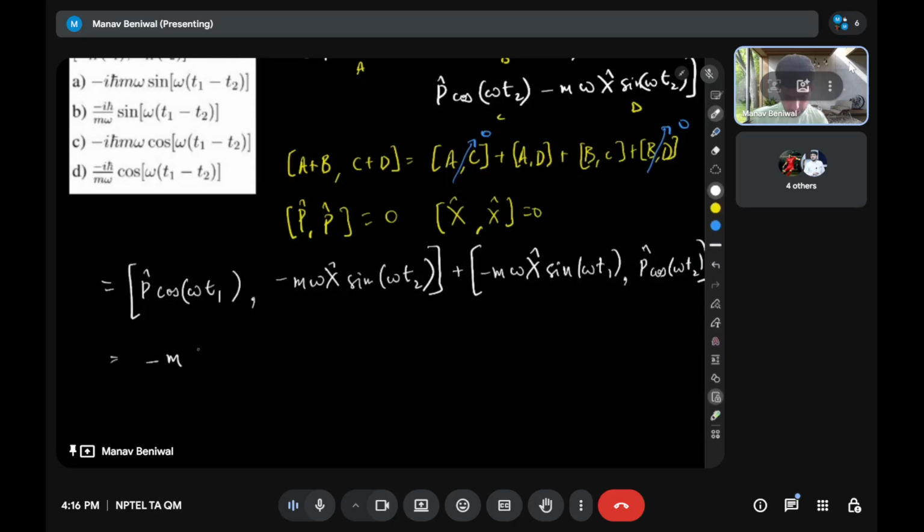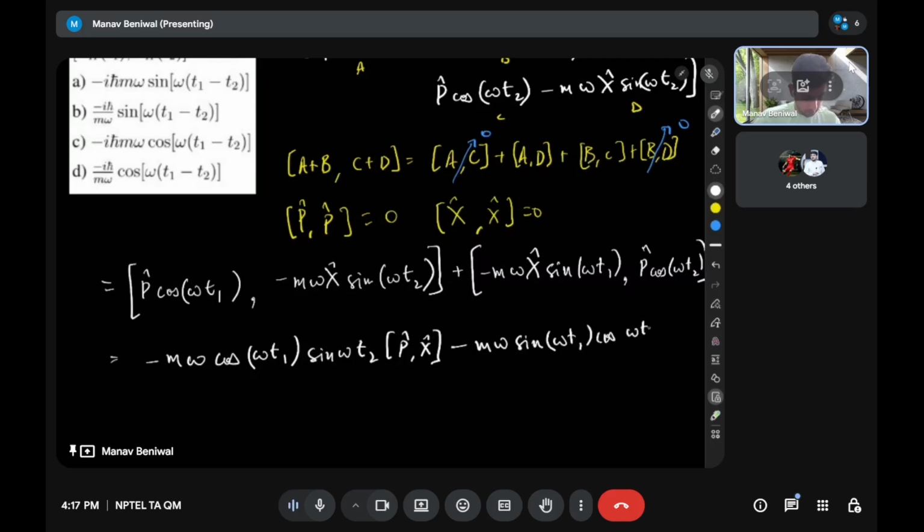This will give us minus m omega cos omega t1 sine omega t2 and the commutator of p comma x. Similarly, this will give us minus m omega sine omega t1 cos omega t2 and x comma p.